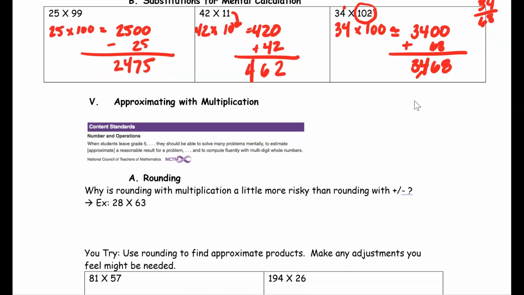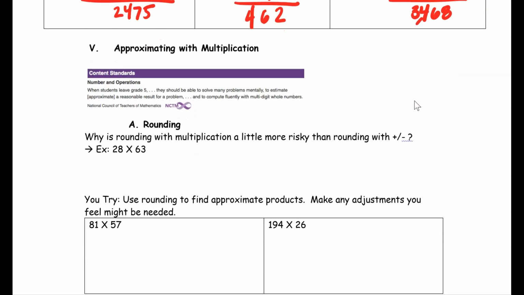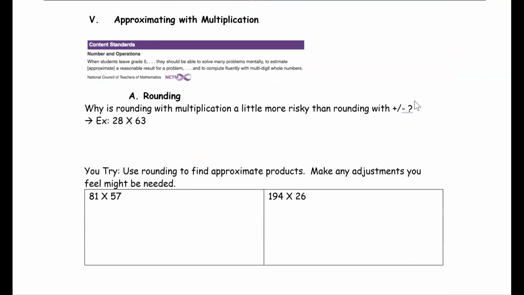All right, so that's how you substitute if you want the actual correct calculation, but we also want to talk about, just like we did in the last section, approximating. This is really helpful because I can't tell you how many times I approximate in real life. I probably approximate more than I actually multiply because it's quicker if I'm looking for a ballpark. And you'll notice right here, this is a copy of the content standards for NCTM, but it's very similar for Common Core.